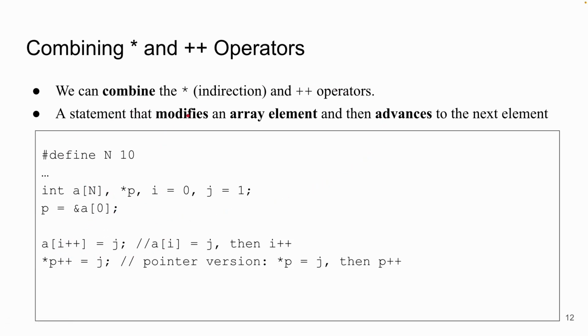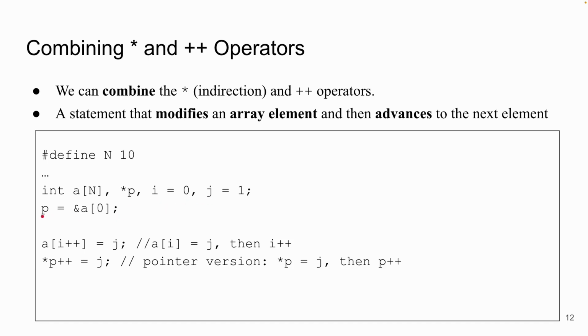In this example, we show the statements that modify an array element first, then advance, and move to the next element. So here, again, we have array A, pointer variable P, and I and J, which are both integer variables.